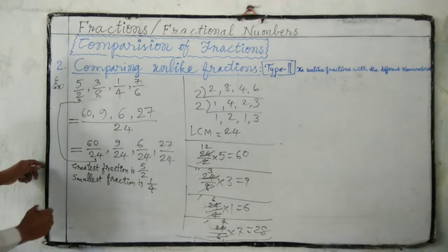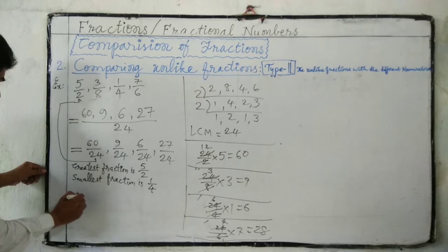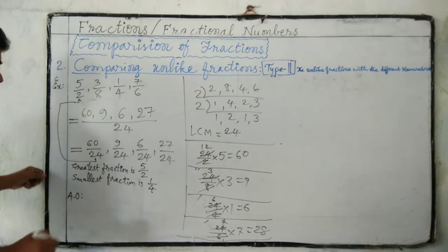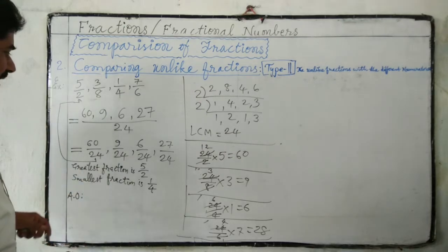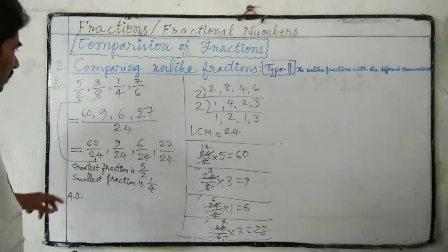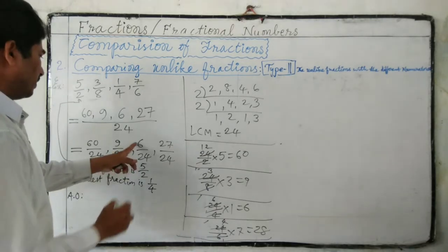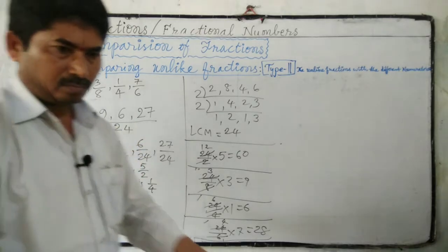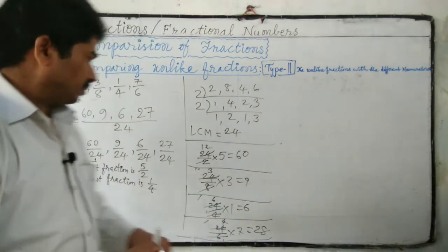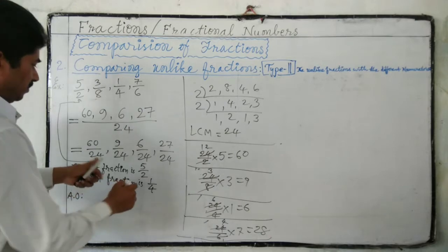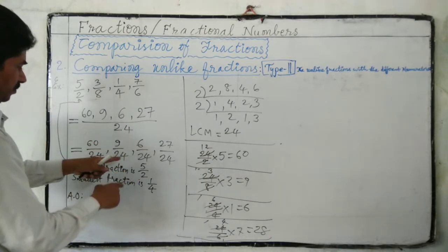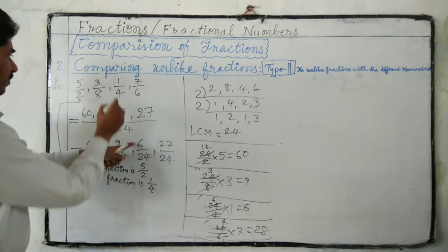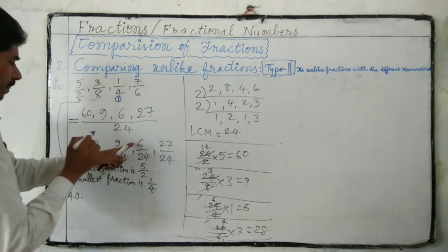Next, ascending order. Ascending order means smallest to biggest. This is the smallest: 1 by 4. 6 by 24 means this is the smallest.